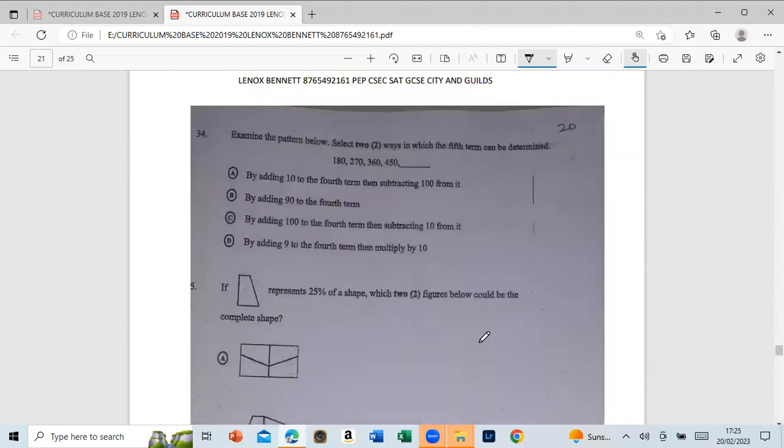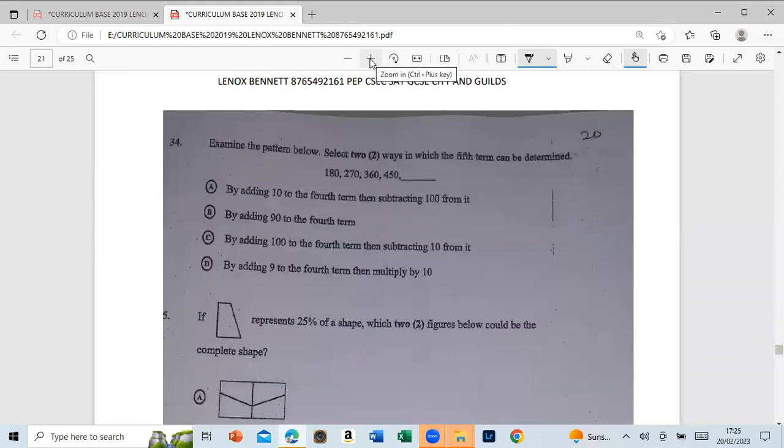Examine the number pattern below. Select 2 ways in which the fifth term can be determined. Alright. A says by adding 10 to the fourth term and subtracting 100. First of all, I'm going to find the pattern first. So let's look at the adding. Could it be adding 90?